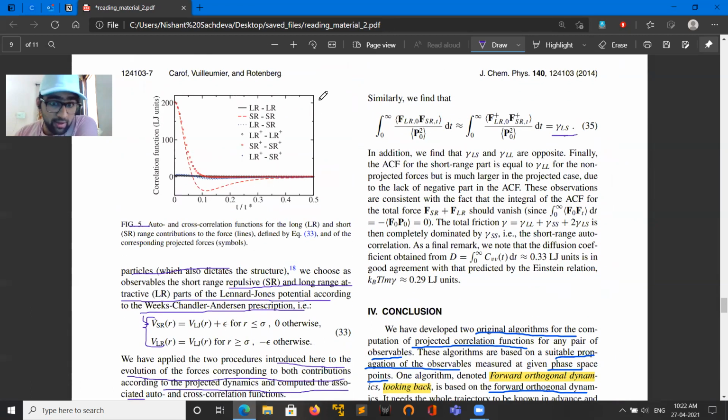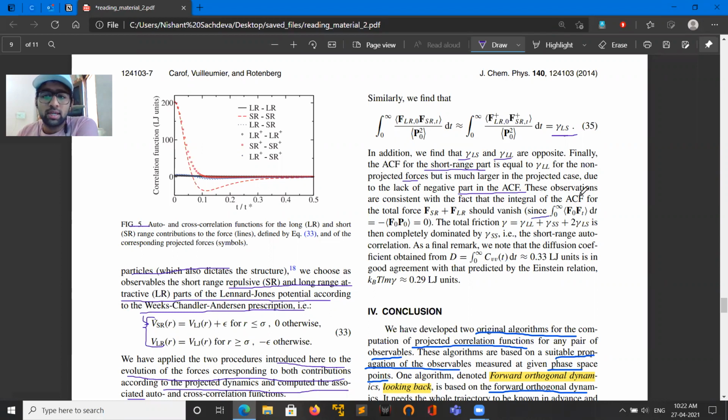In addition, we find that gamma ls and gamma ll are opposite. That's new. Finally, the ACF for the short range part is equal to gamma ll for the non-projected forces, but is much larger in the projected case due to the lack of negative part in the ACF. In the projected case, there is no negative part in the ACF, hence gamma ll increases to a much larger value.